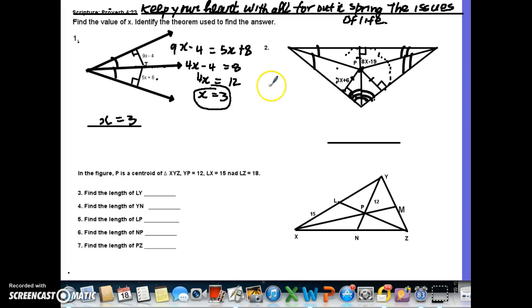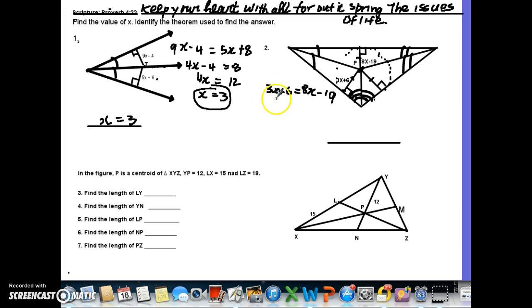3x plus 6 is equal to 8x minus 19. And this algebra is a little bit more interesting, but you can see that we subtract 3x from both sides.